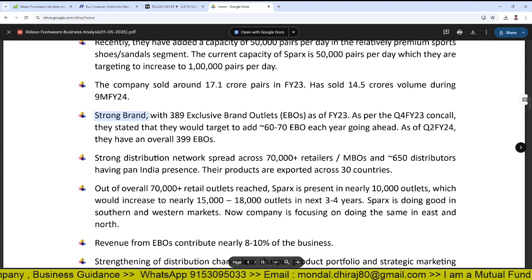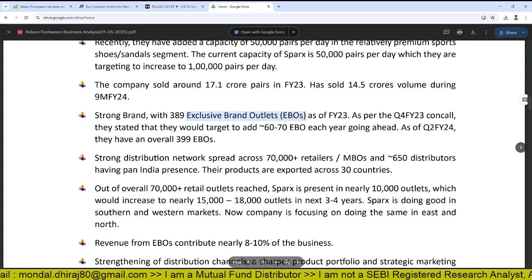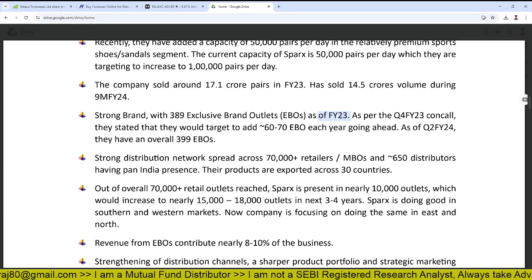Now the next positive point as an enterprise is a strong brand with 389 exclusive brand outlets. I asked you to write down in the comment section what the full form of EBOs is. EBOs means exclusive brand outlets. So it has 389 outlets as of FY23.